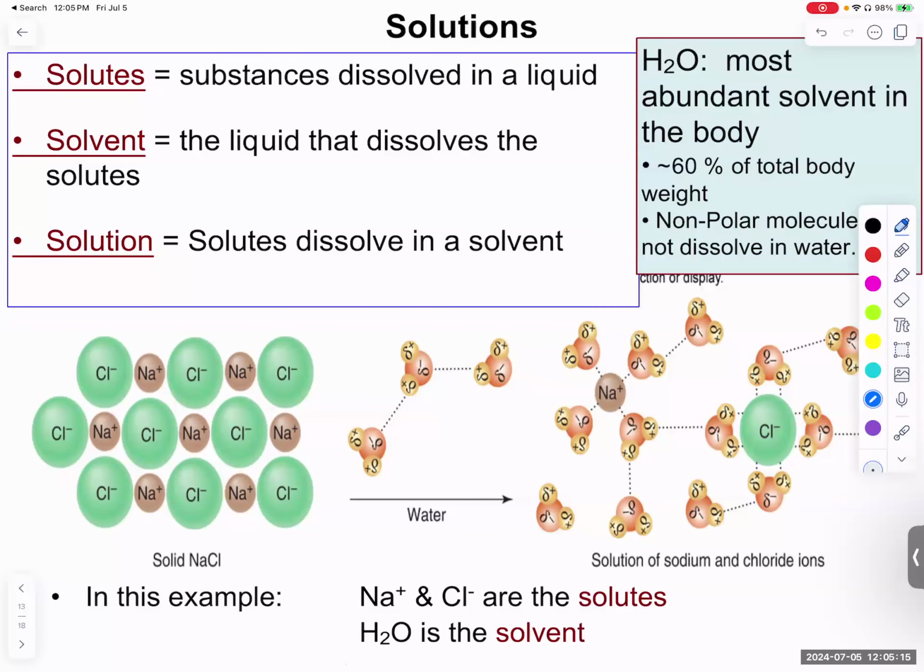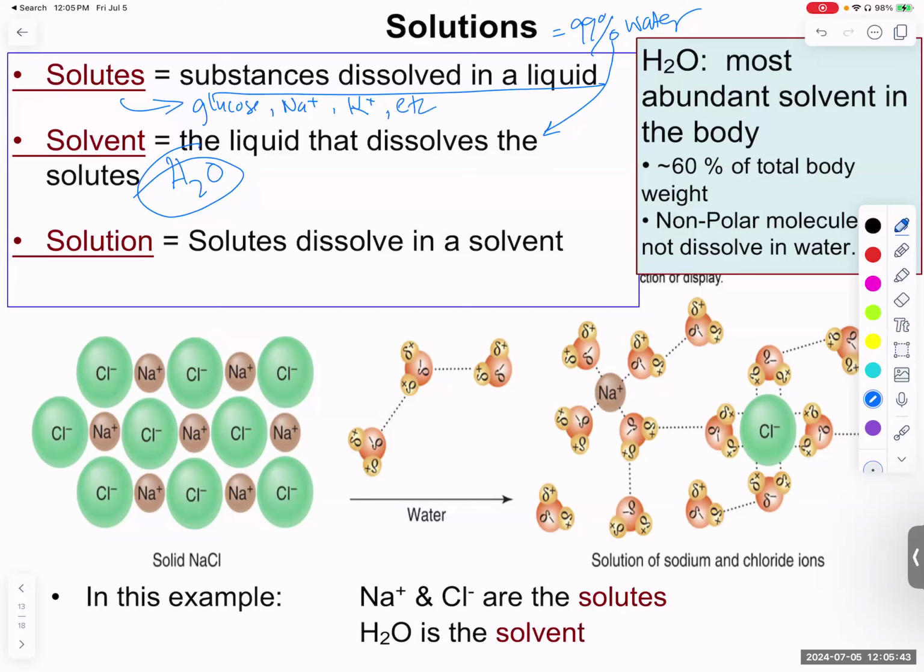Another concept in chemistry to quickly go over is solutions. Since 99% of our physiology is water, water is going to be the solvent. So in our body, water is the solvent, and we're going to have a lot of solutes, which are substances dissolved in there. It could be glucose, it could be sodium, it could be potassium, etc. Solutes are the things that are dissolved in the liquids.